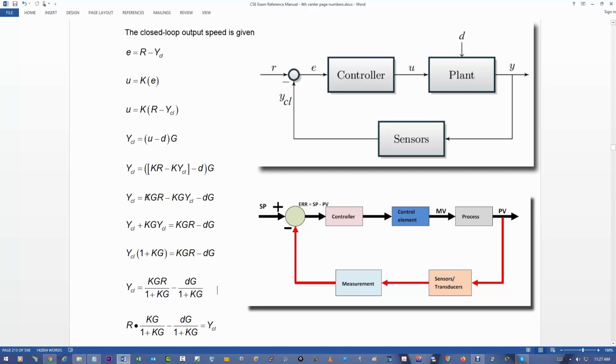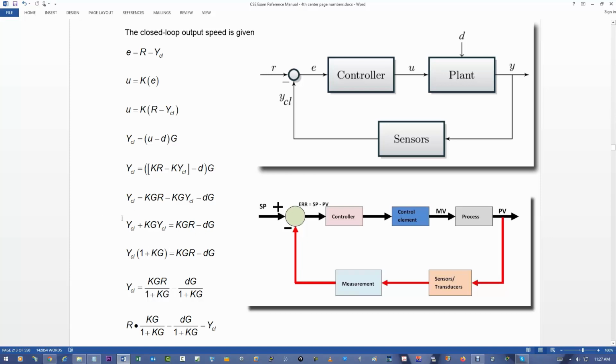We get YCL equals KGR minus KG YCL minus DG, the disturbance times the gain. We'll add KG YCL to both sides, and we get YCL plus KG YCL equals KGR minus the disturbance times the gain.